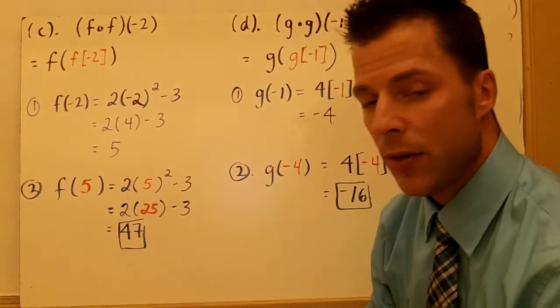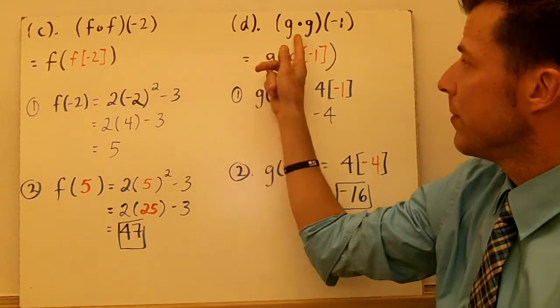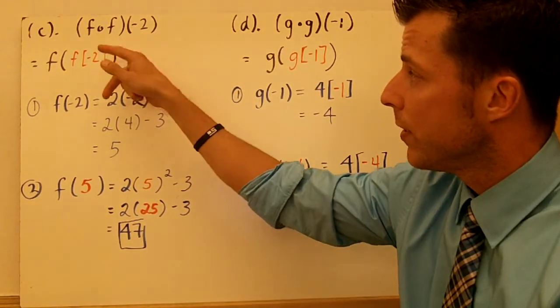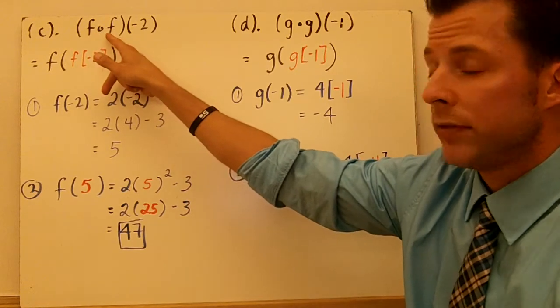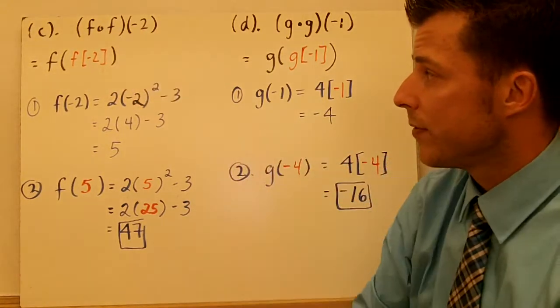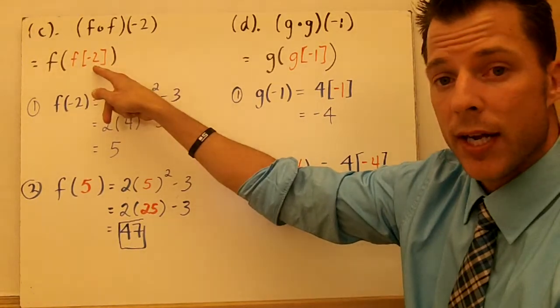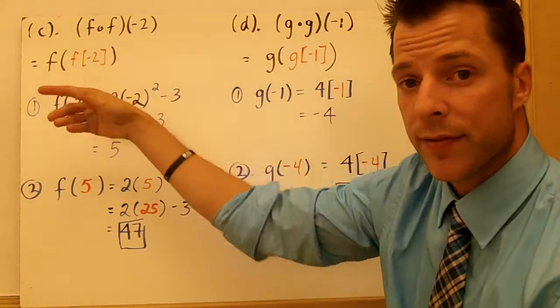In parts C and D, we're going to actually compose the functions with themselves. So in C, we've changed our x value to negative 2. And so we're taking f composed with f. So what you're looking for is f of negative 2, and then that's going to be plugged into your function f.